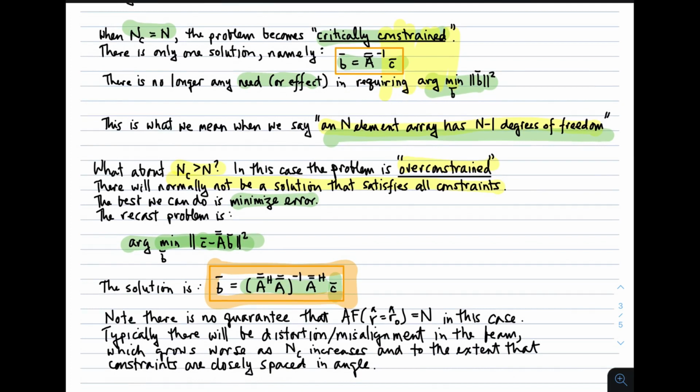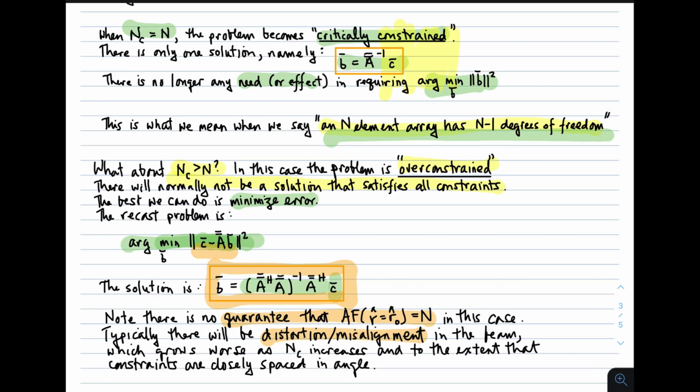Note that there will be no guarantee that any of the constraints will be met in this case. In particular, that the array factor will be equal to n in the direction specified for the main lobe pointing, for the pointing constraint. And in fact, typically there will be some distortion or misalignment or surprises in general. Again, the error can't be 0, or is unlikely to be 0 in this case.